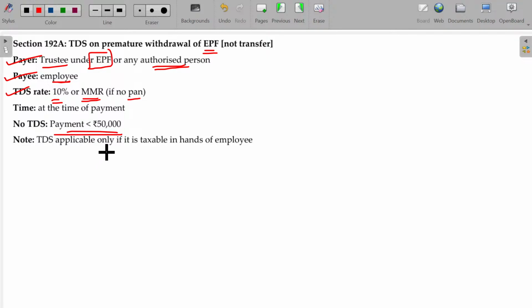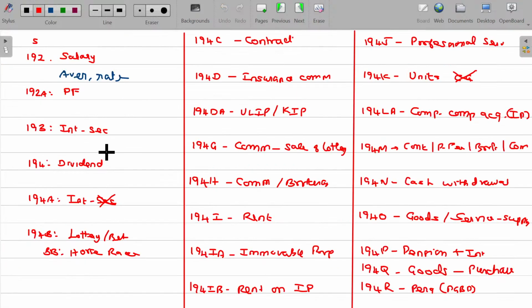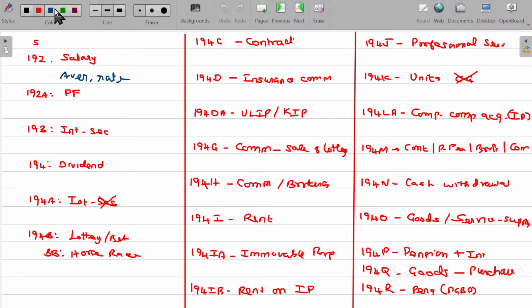Is that clear? So here, what is the rate? 10% or MMR rate, and exempt when the value received is less than or equal to 50,000. Is that clear?